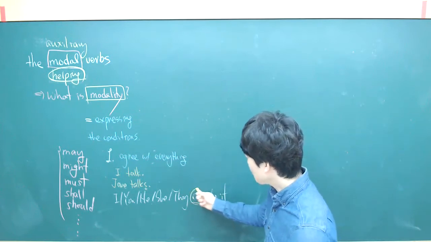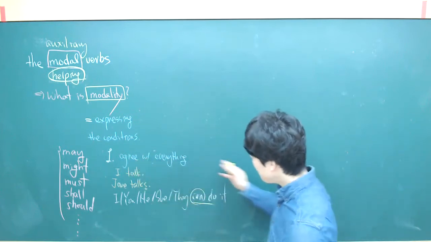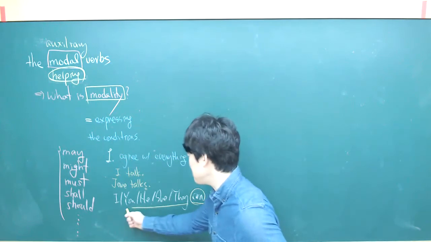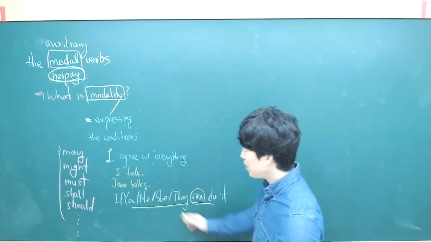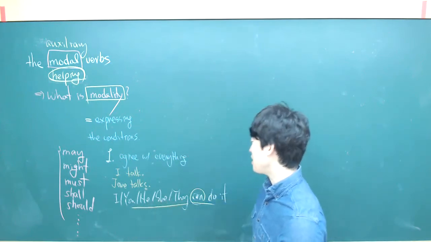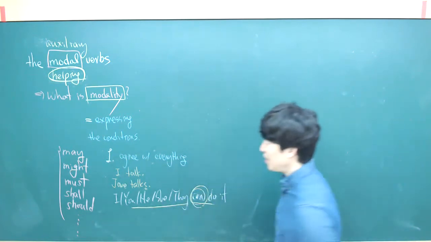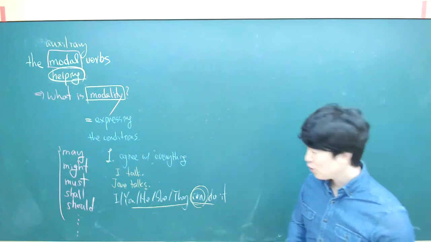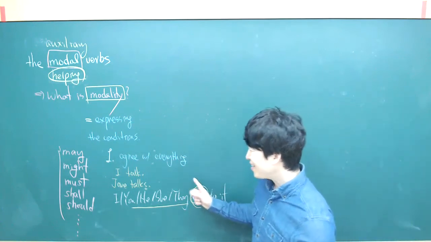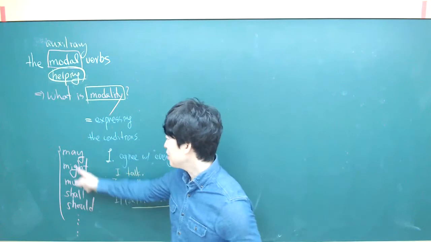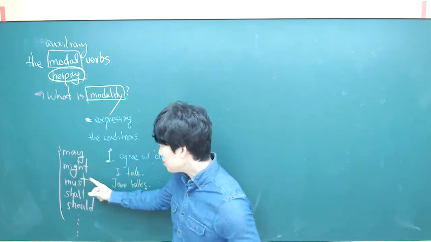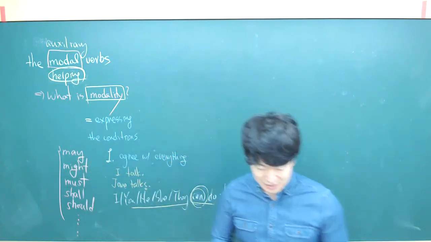That means modal verb agree with everything. You don't have to change whether you use the subject he, she, or they. All the modal verbs agree with everything. That's the first rule. You don't add s at the end of the modal verb. May, might, must, no, there's no words like that.